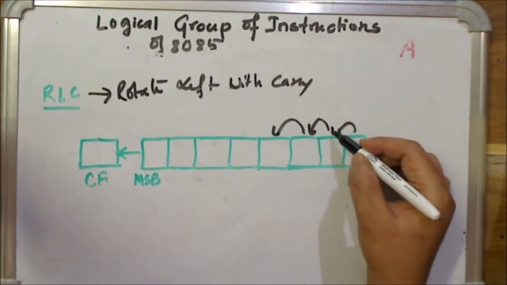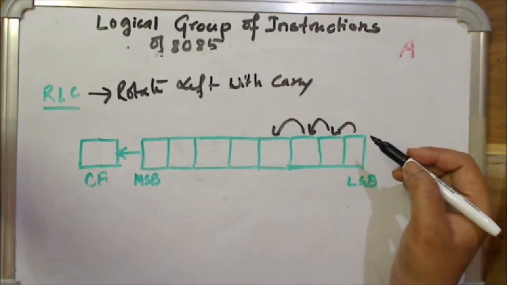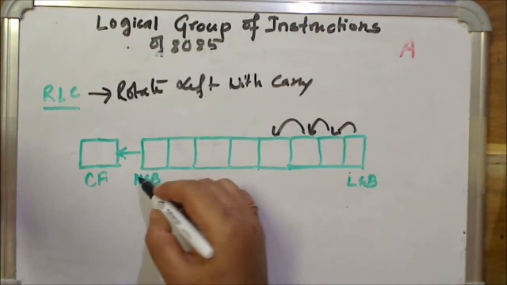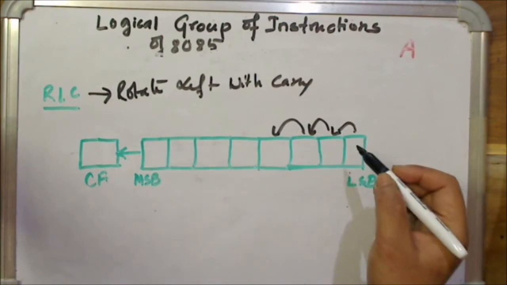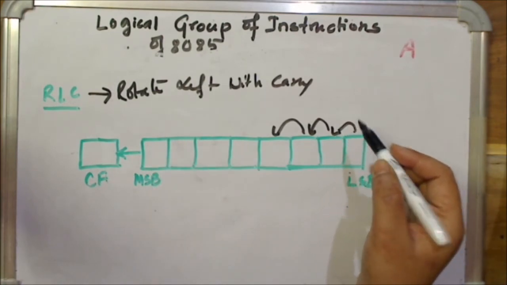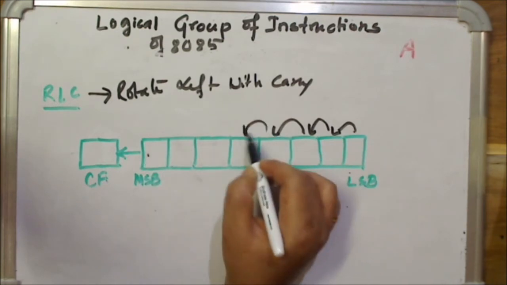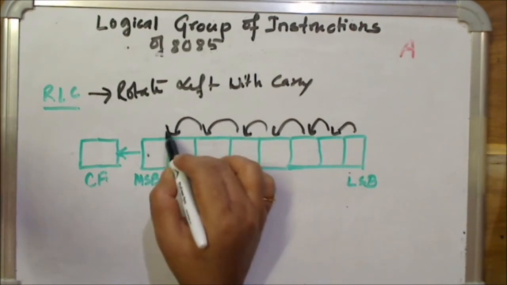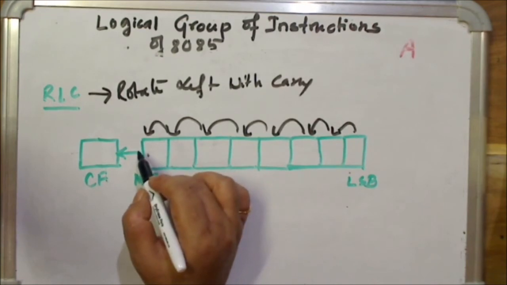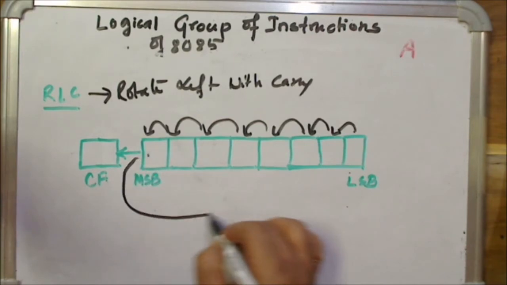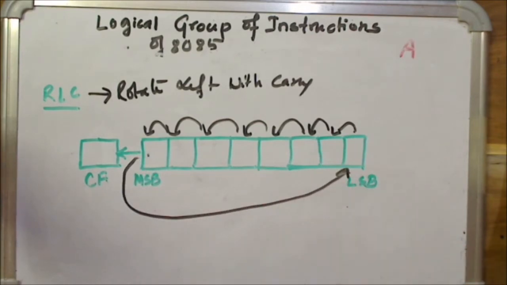This is the LSB, this is the MSB bit. Each bit will go one position to the left, and the last bit, that is the MSB, will come back to the LSB.